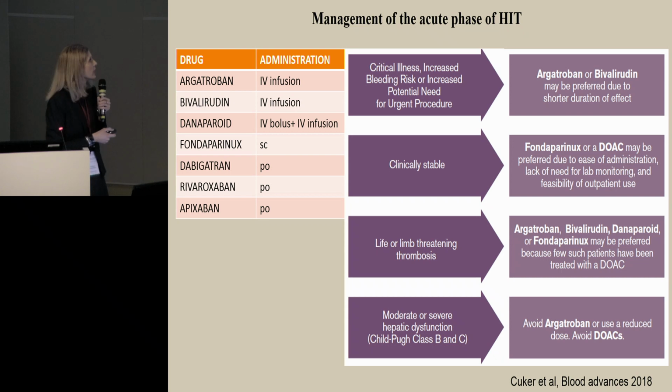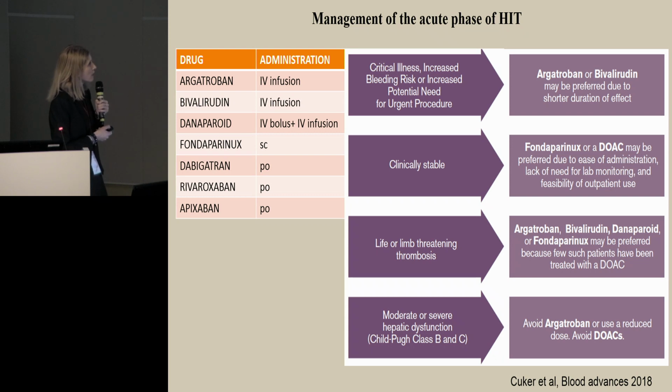Of course, in critically ill patients or in unstable patients or in patients that have a high bleeding risk, we prefer this IV infusion because we can stop it and we can do something which is necessary if the patient is bleeding. If we have liver dysfunction, we prefer bivalirudin. We try not to use argatroban.